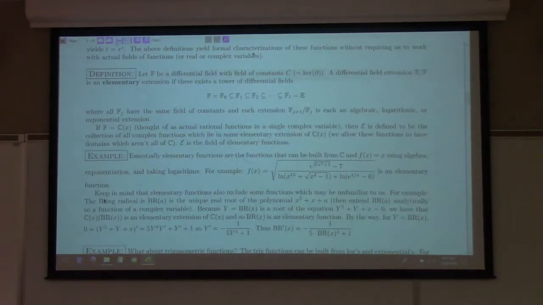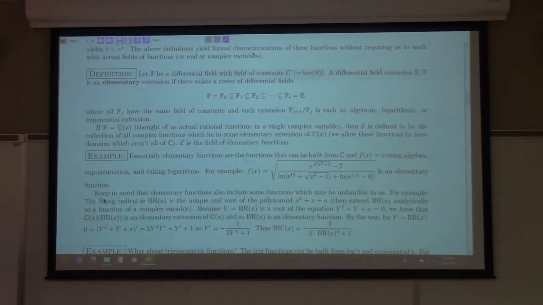So here he says if we think of the field as being the rational functions over the complexes, we can think of that as rational functions in the complex variable. Then the elementary extension E is defined to be the collection of all complex functions which lie in some elementary extension of C(x). So E is sort of the differential closure in the elementary sense.